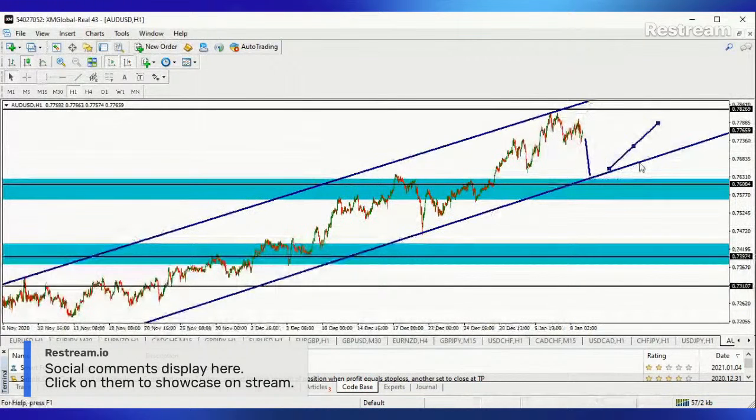It's likely to do this, because it has to touch this zone here before it moves up. As you can see here, it did, and then it went to this zone around here.